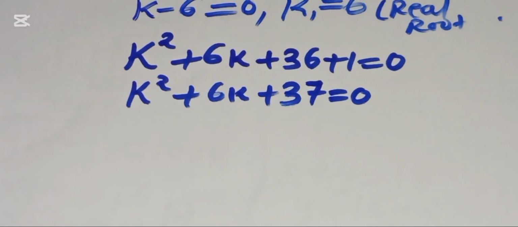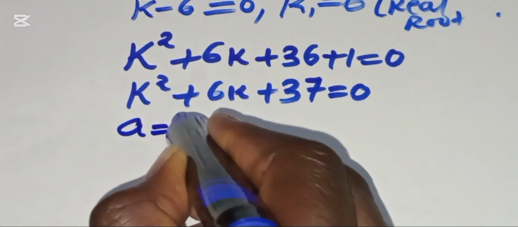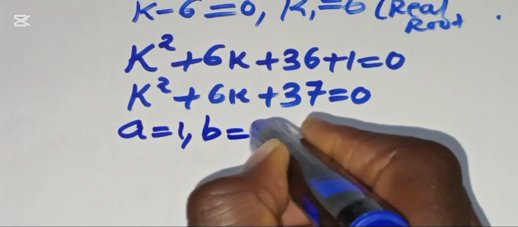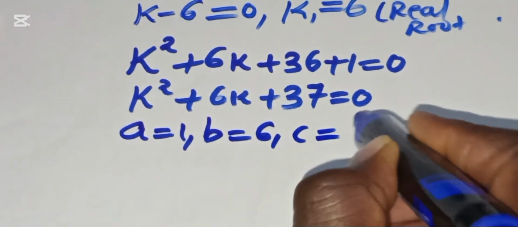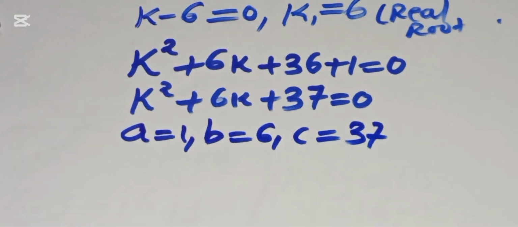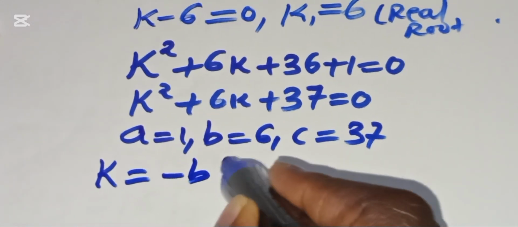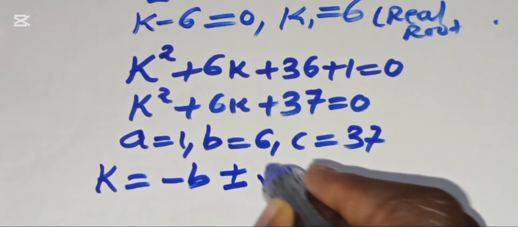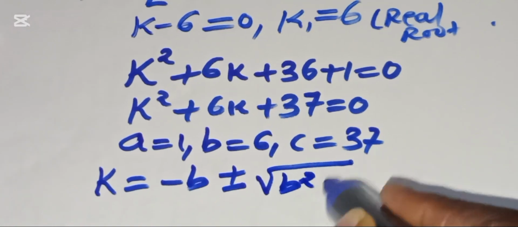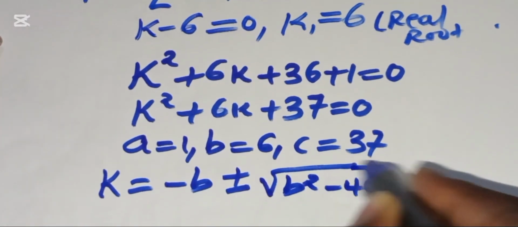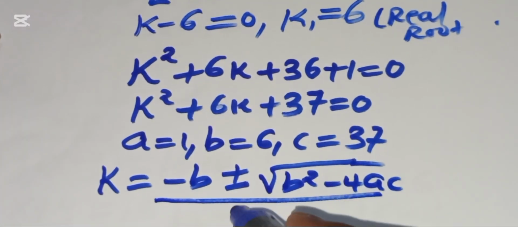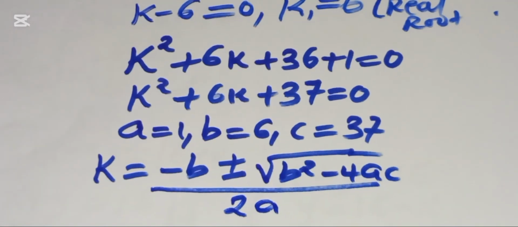From our quadratic equation, we have that a is equal to 1, b is equal to 6, c is equal to 37. So applying the quadratic formula, we're going to have negative b plus or minus the square root of b squared minus 4ac, divide everything by 2a, okay?